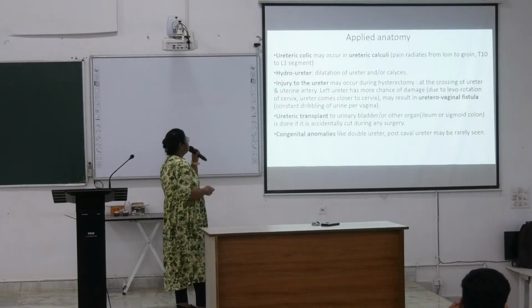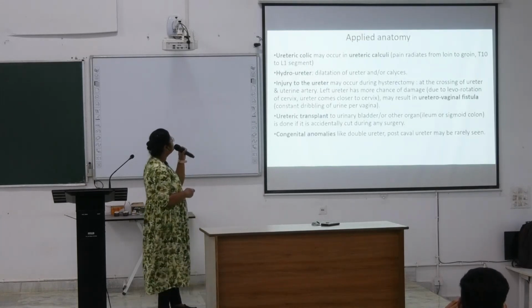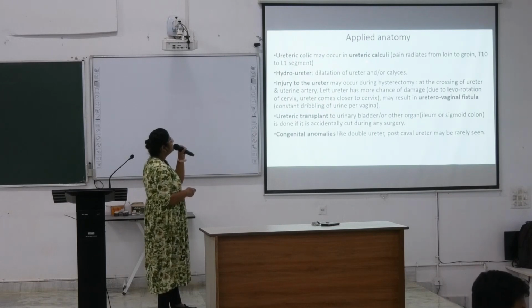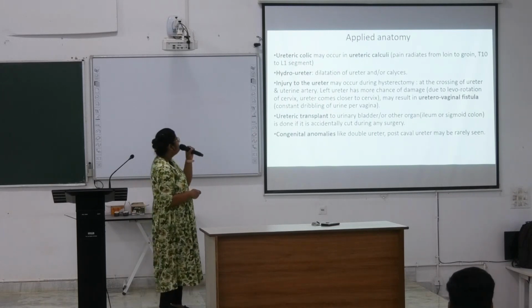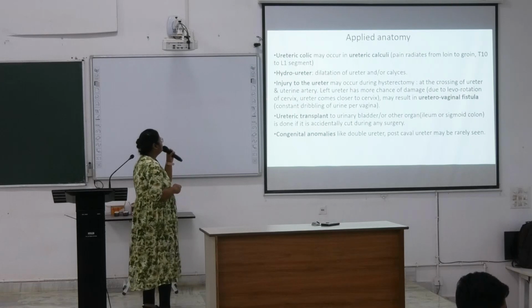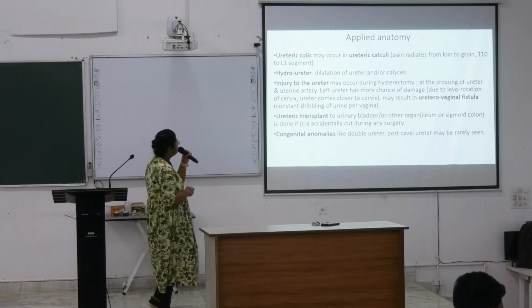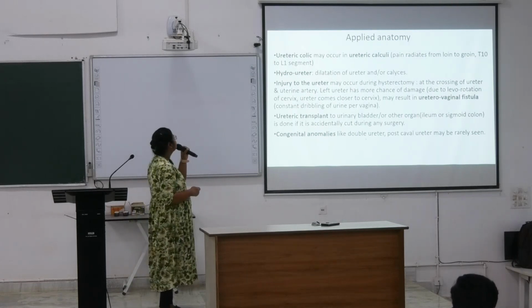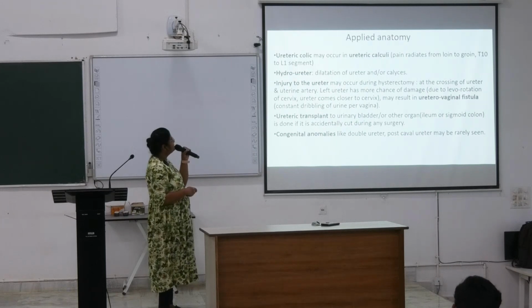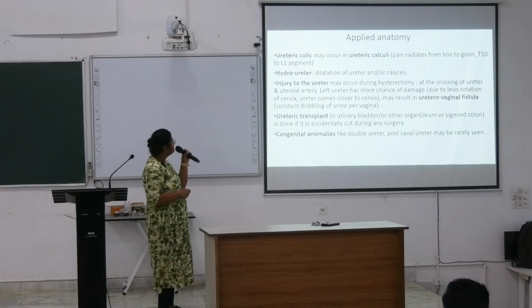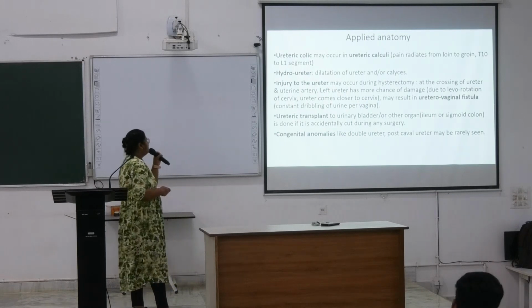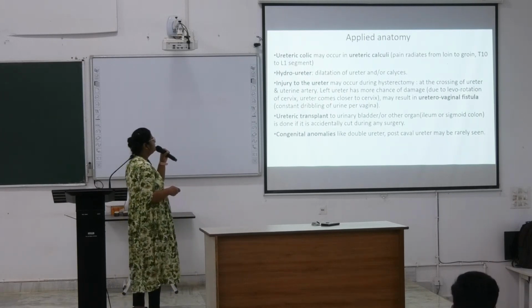Next. Now these are the clinical aspects of the ureter. Ureteric colic may occur in ureteric calculi, and pain radiates from loin to groin because T10 to L1 segments are involved. Hydroureter is dilatation of the ureter and or calyces, minor and major calyces. Injury to the ureter may occur during hysterectomy.